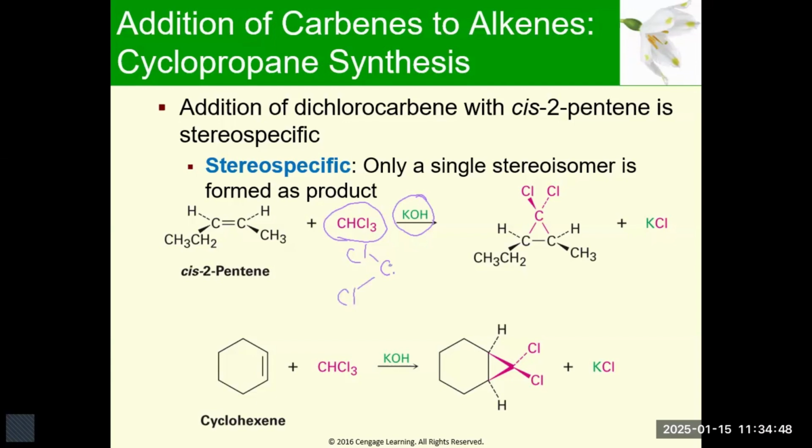And then when that carbene is formed, you now have these orbitals available to create this structure here. Now, what they want to point out is that it's stereospecific, meaning it's going to be added on the same side, in the same plane, causing whatever substituents are on that alkene to be pushed and be cis to each other.